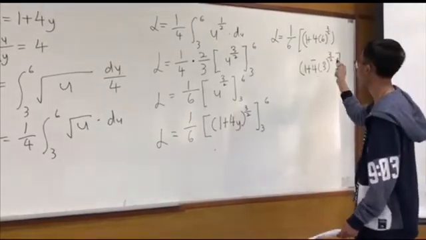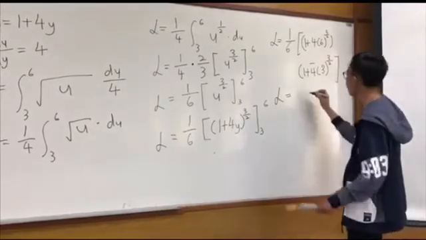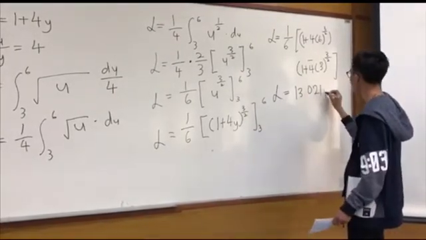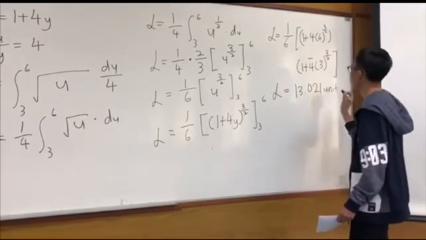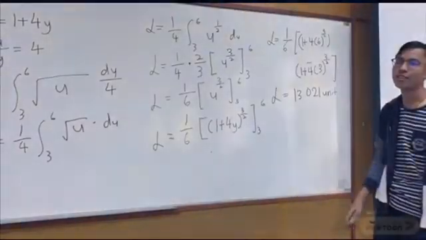We made the calculation, and the answer we get is 13.021 units. So the length of the arc is 13.021 units.